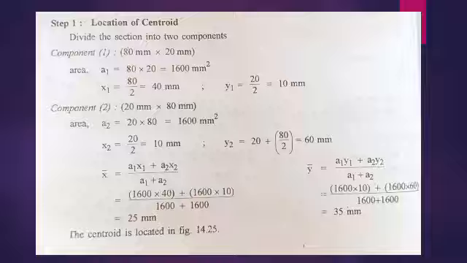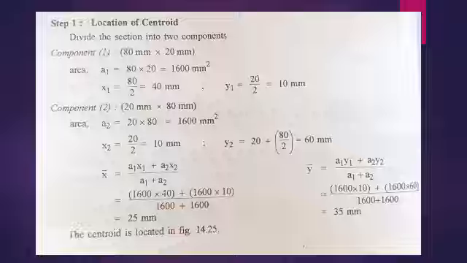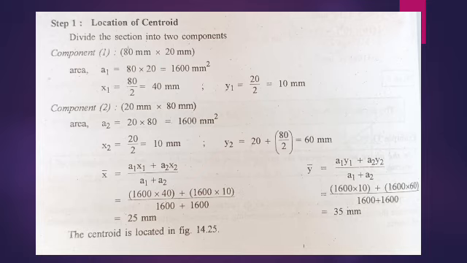Then the formula for x bar and y bar of a rectangle: x bar for the rectangle is L by 2, okay, 80 divided by 2, and y bar is b by 2, that is 20 divided by 2 is equal to 10 mm.